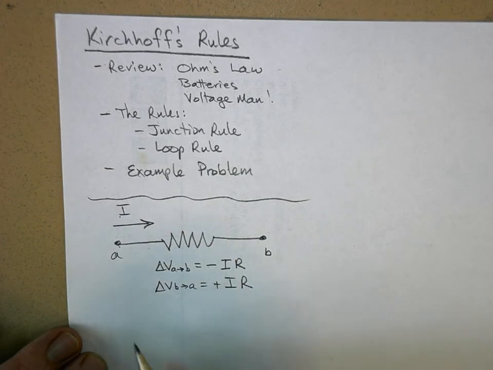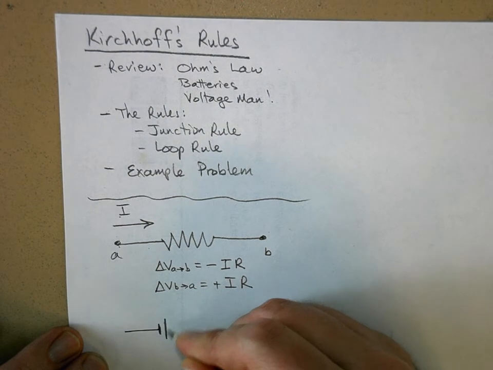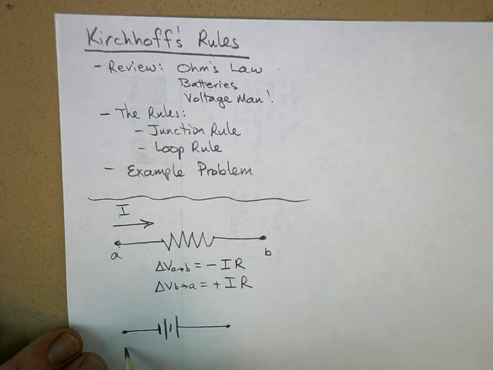And then let's talk about batteries. So let's say here's our negative side and something like this. And we're going to go from A to B. Now, if I'm traveling along like this, here's the EMF of the battery, and maybe there's an internal resistance, maybe there isn't, depends on the problem, probably won't be.